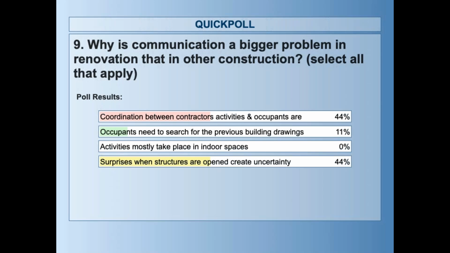Second is the uncertainty, because there will be surprises when structures are opened. Just yesterday, a friend of mine told me that they had some additional work worth €1 million in their apartment building because they discovered something during the renovation work there. So these kinds of surprises are the second reason for that.